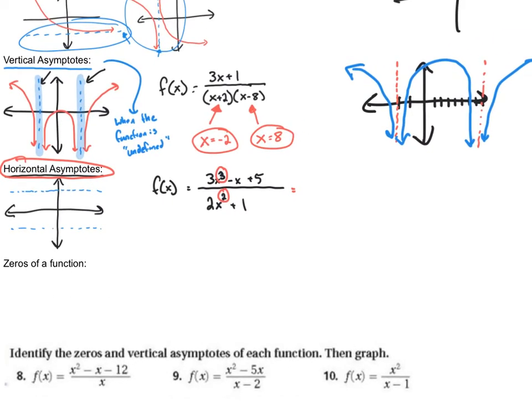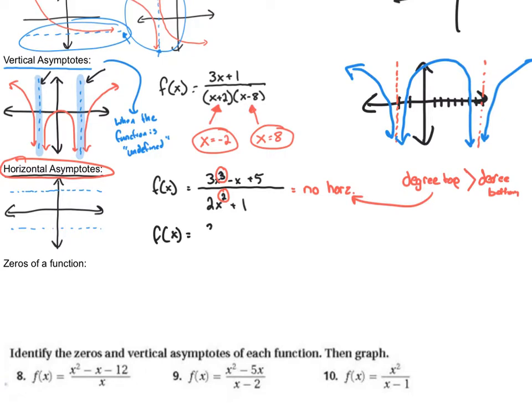If the degree on the top is greater than the degree on the bottom, we'd have no horizontal asymptote. Okay? So if the degree top is greater than degree bottom, then we have no horizontal asymptote. Okay? So that's going to be one function that we want to say.